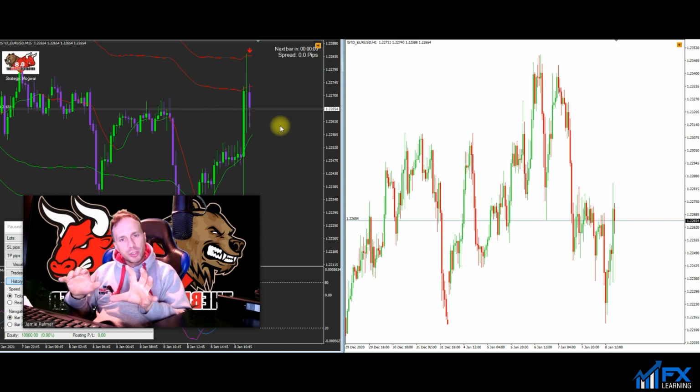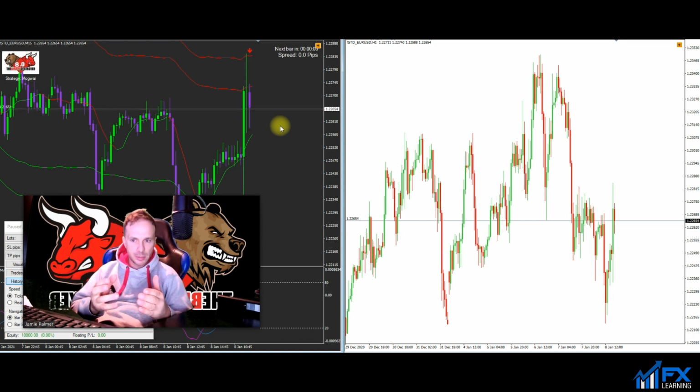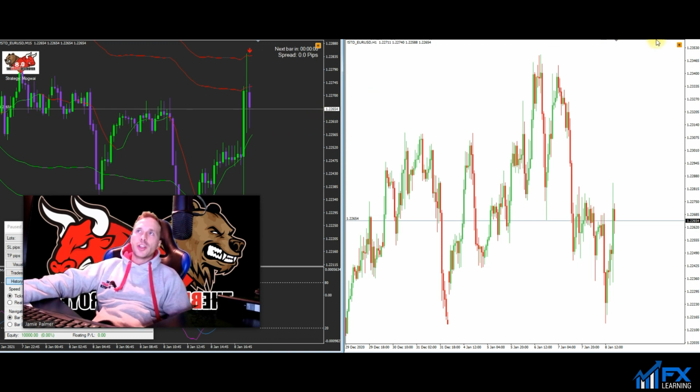Now, what I want you to do is take note of exactly what I've just said for the past 5 minutes about looking where sellers and buyers are going to take their trades, looking where the liquidity is, looking where the momentum is. Look at this on Euro USD.